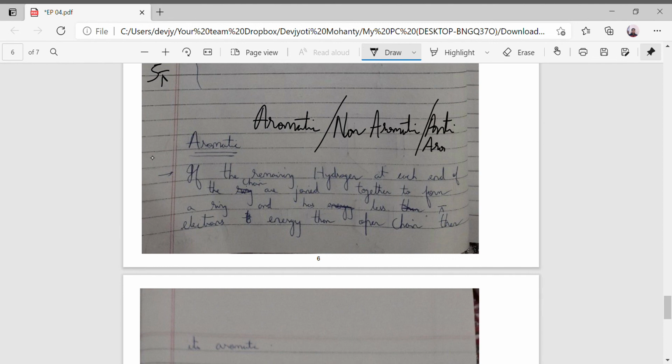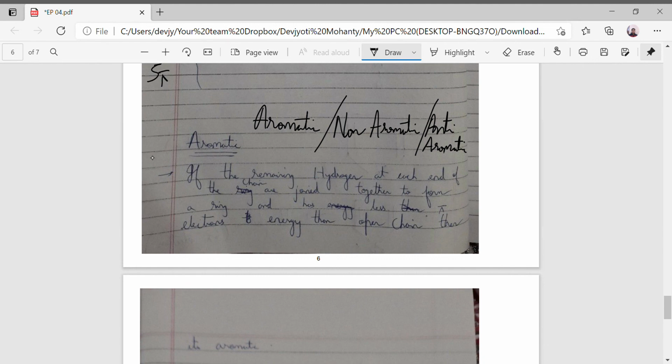If the remaining hydrogen at the end of the chain can together form a ring, and that ring has pi electron energy less than that of the open chain, then it is aromatic.